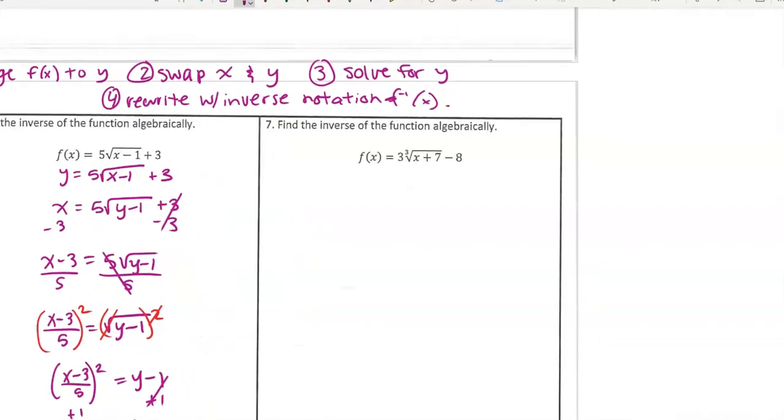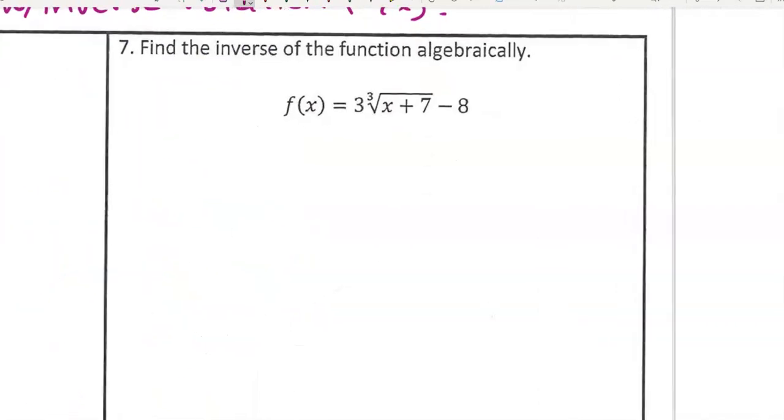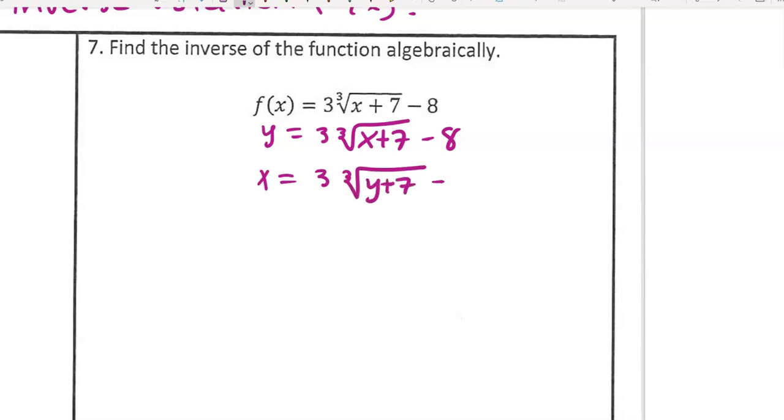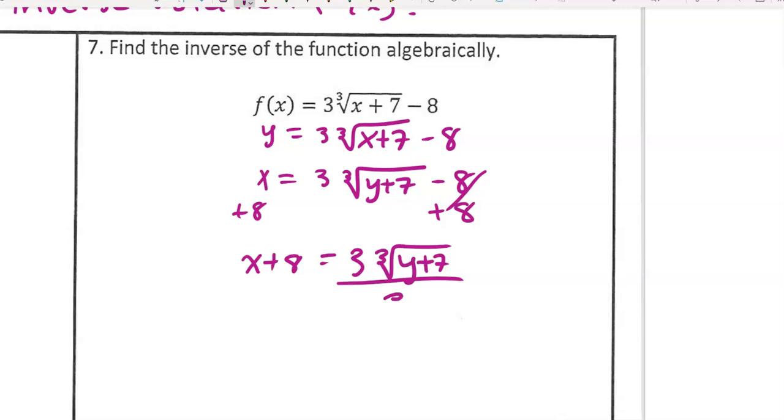All right, let's take a look at the next one, number 7. First step, change f of x to y. Next step, swap x and y. Then solve for y. So we start by adding the 8. Then we can divide by 3.